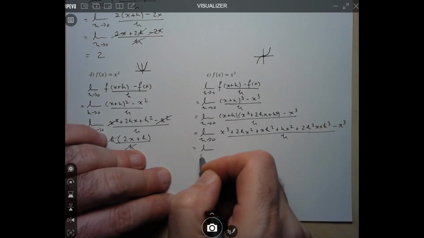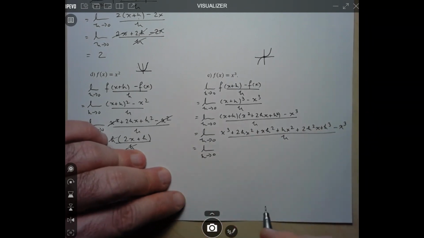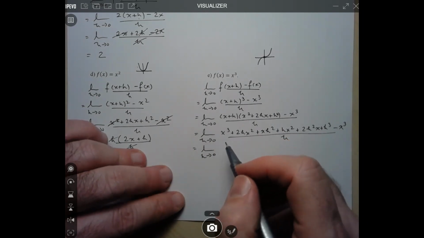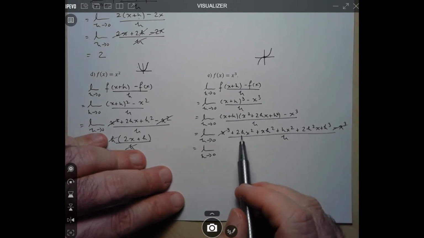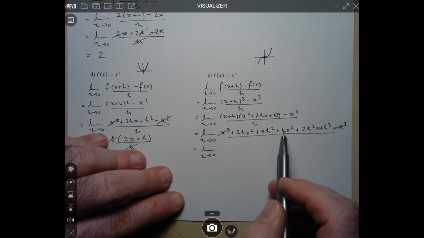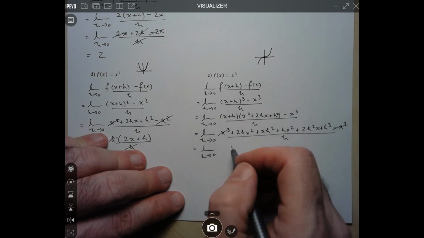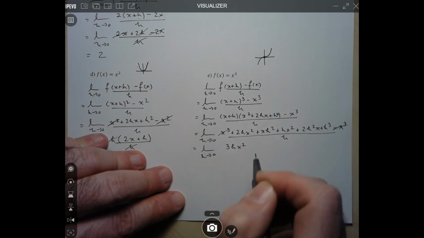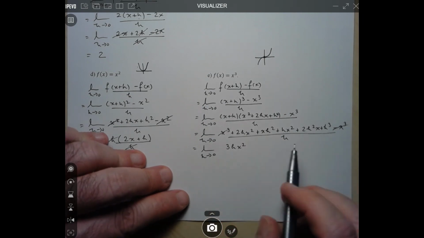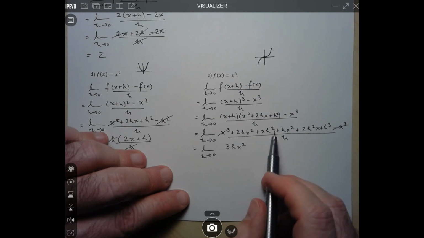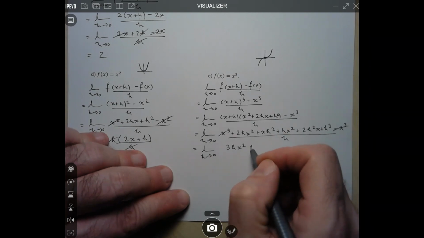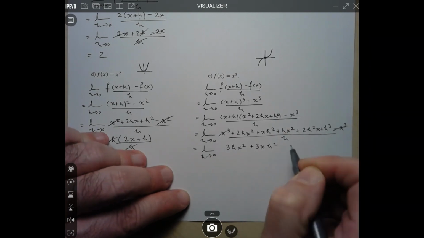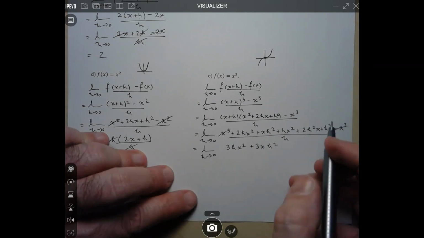All right, so let's see if we can simplify this. The first thing I notice, which I don't think I should be too surprised about, is the x cubes cancel out. Here I have an hx squared, and I've got another hx squared. So 2 plus 1 is 3hx squared. We also have an xh squared and 2xh squared, add them together, plus 3xh squared, and then finally h cubed.